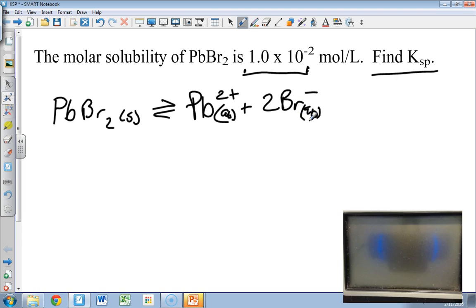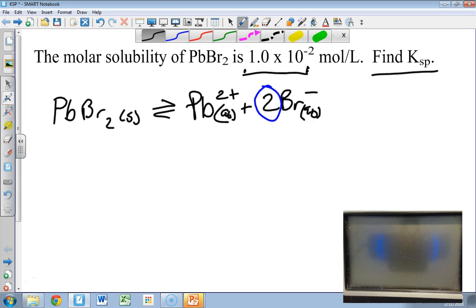And before we get too far into this, I want to point out that we have a coefficient here. So we have to remember that that coefficient plays a role in the equilibrium expression. So just be careful because we haven't used or seen coefficients in a while.